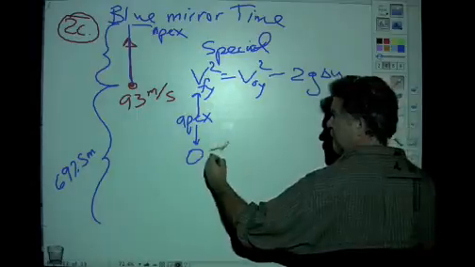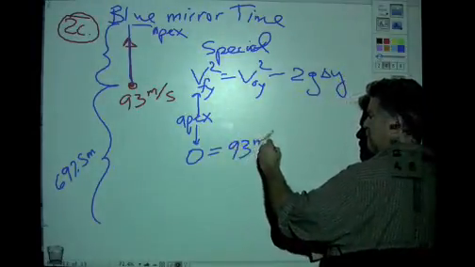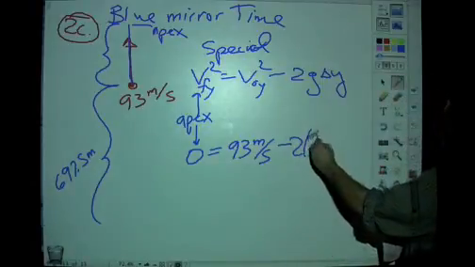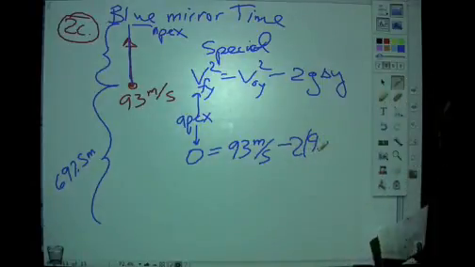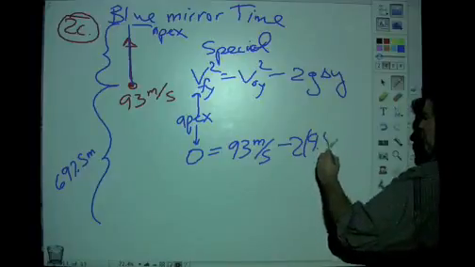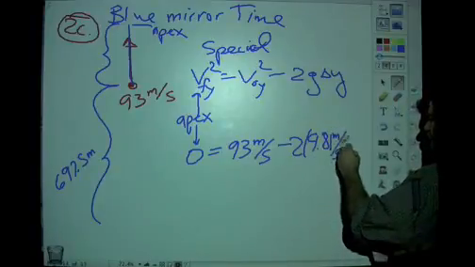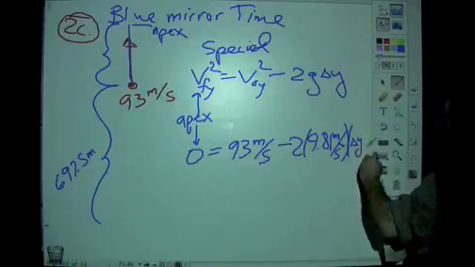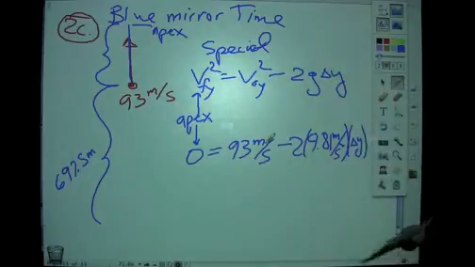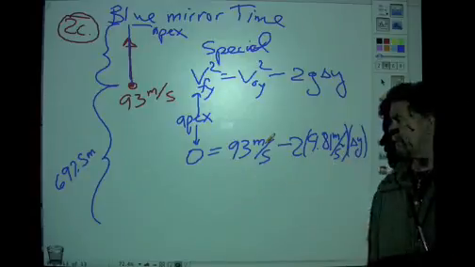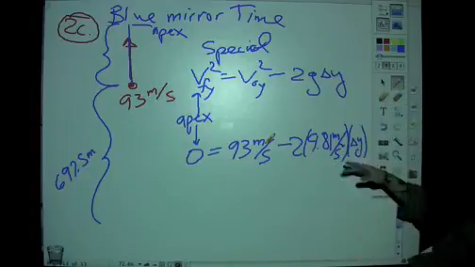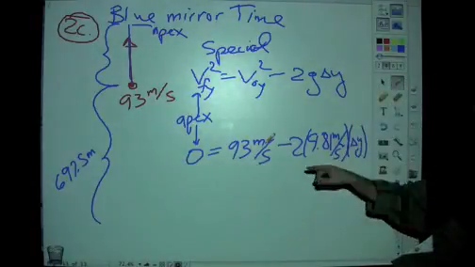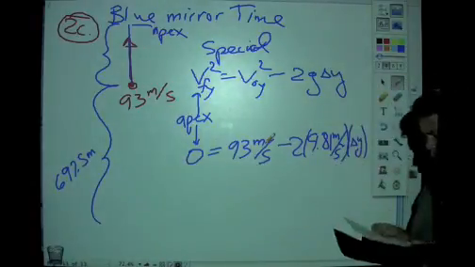So I have 0 equals my 93 meters per second squared minus 2 times, since the only acceleration on it is gravity, 9.81 meters per second squared times my delta Y, which I'm trying to find. I should have solved for the symbols first, but I got nervous and plugged my numbers in too fast. That's okay though. Take the 93 squared, bring it over, makes it negative, divided by 2 times 9.81, or 19.6, and I got my delta Y.